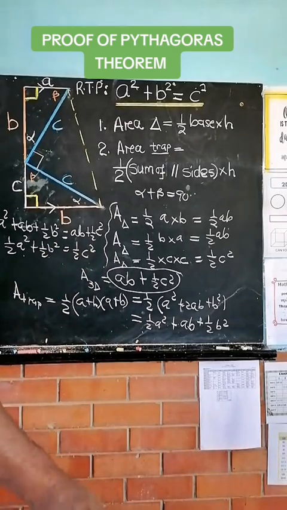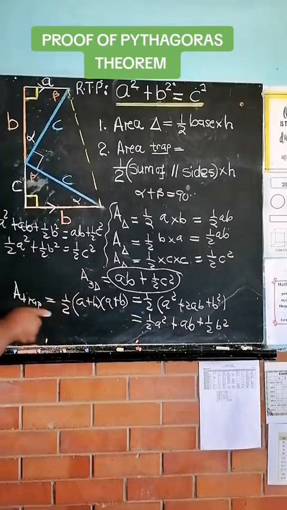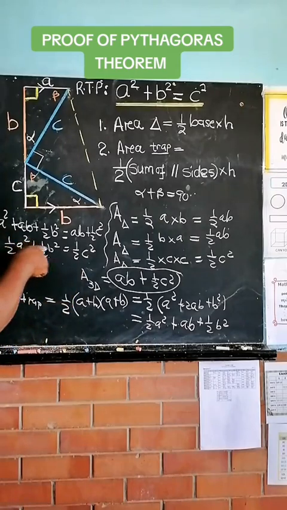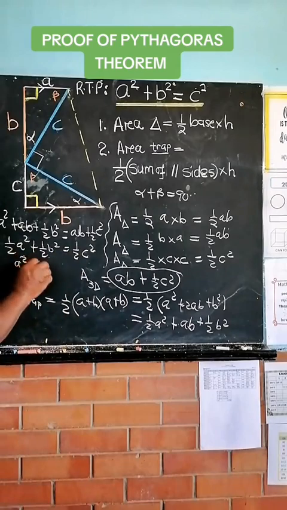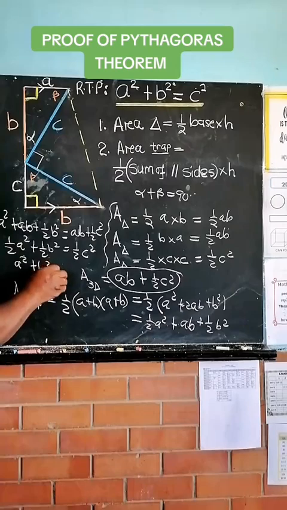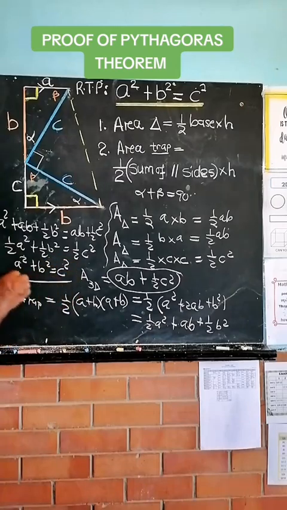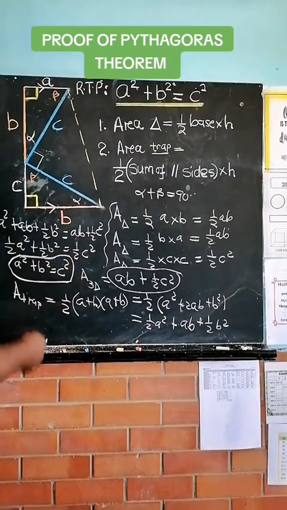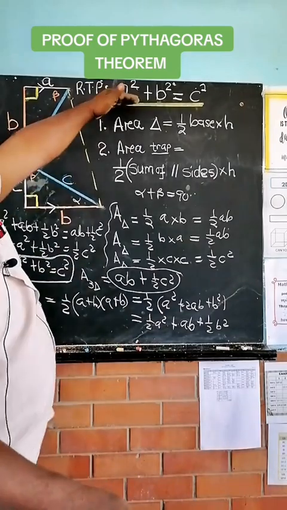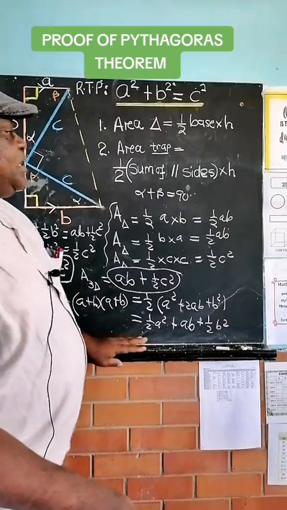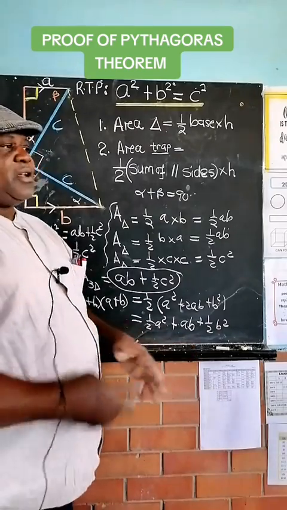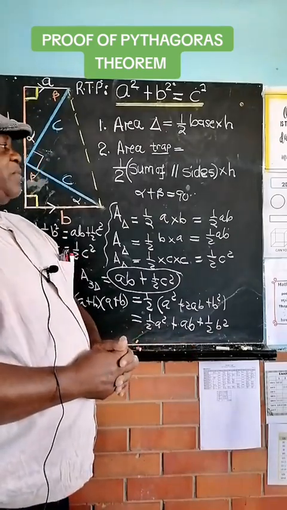Multiplying both sides by 2 to clear the fractions, I get A squared plus B squared is equal to C squared, which is the theorem of Pythagoras. So I've arrived here. This is how you can use the concept of area to prove the theorem of Pythagoras.